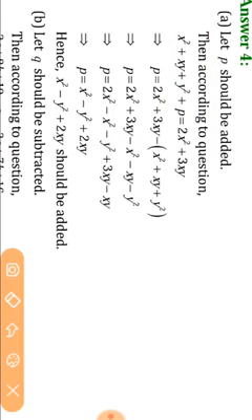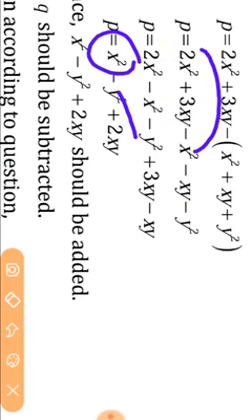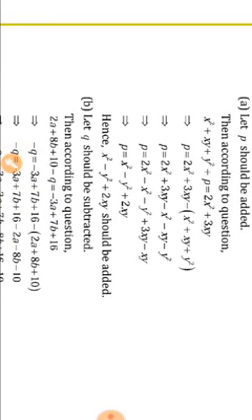Then remove the bracket, this minus applied to all the terms because it is outside the bracket. Then 2x square 3xy minus x square minus xy minus y square, what it becomes? 2x square minus x square is x square, and y square as it is only, plus 3 minus 1 is plus 2. So this is how x square minus y square plus 2xy should be added.